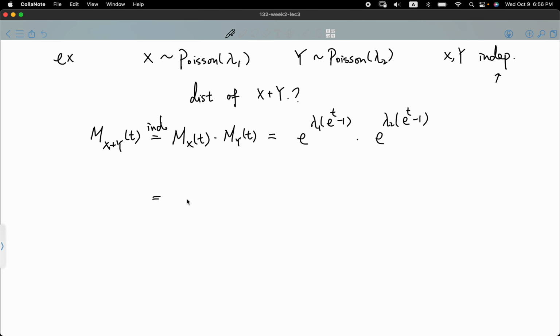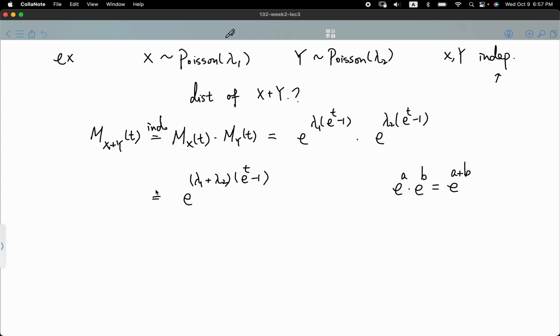So here we can write e to the power of (lambda 1 plus lambda 2) multiplied by (e^t minus 1). And this is because of this property that we have used very often: the exponential of a plus b.